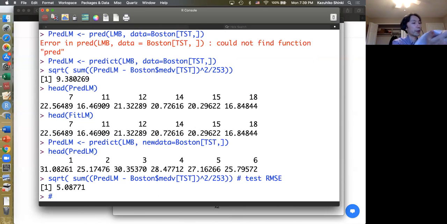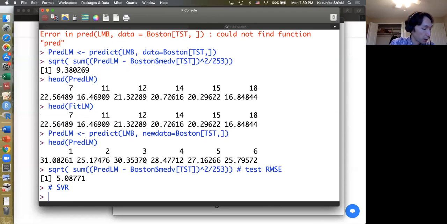We want to compare this with the support vector machine. For the support vector machine, we can use the svm function, for support vector regression, with the median house value as the response. We just use the default values.